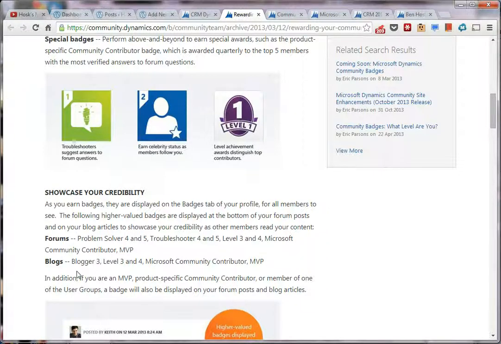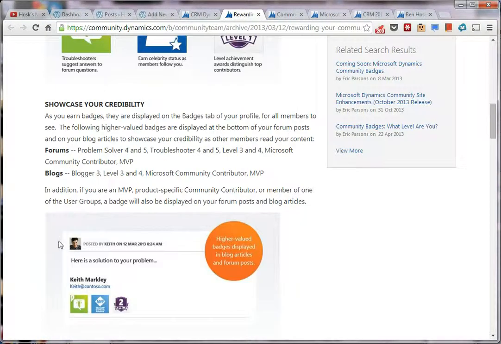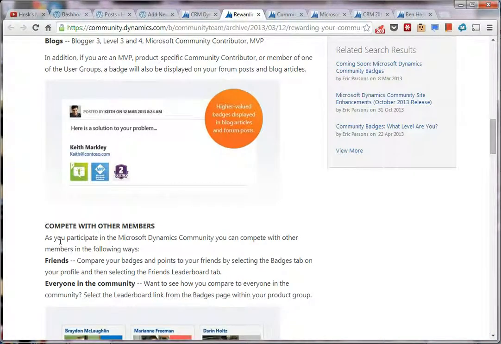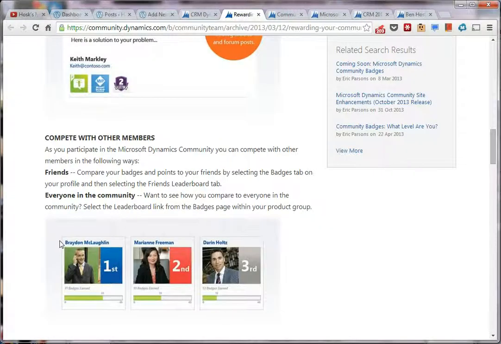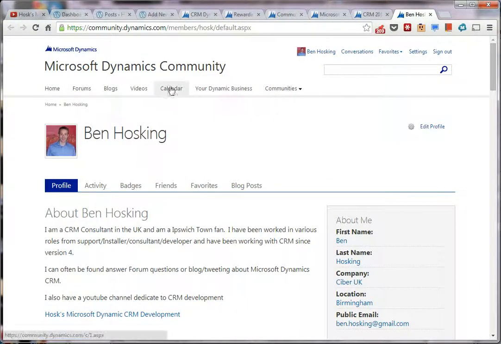You get badges for blogs, badges for forums, and this provides a way to rank members in the community. When I mention the community, what I'm saying is that in the Microsoft Dynamics community you can create your profile, and this means you can log forum questions. So it's a very good tool.